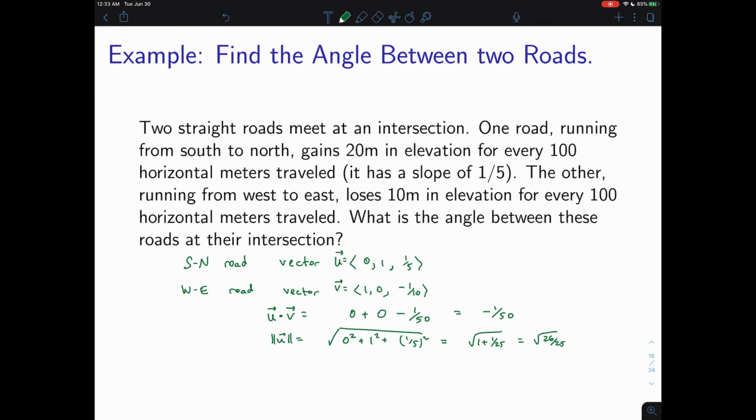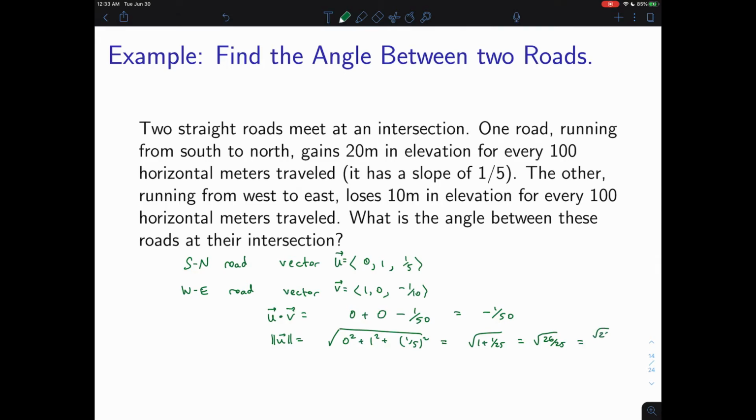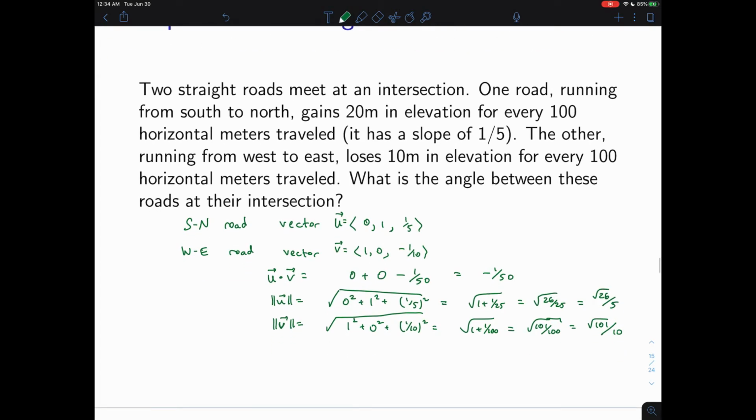And we can simplify it a little bit, 26/25, or square root 26 over 5. Magnitude of v is square root of 1 squared plus 0 squared plus 1/10 squared. So square root of 1 plus 1/100, or square root of 101 over 100. So I can make that square root of 101 over 10.